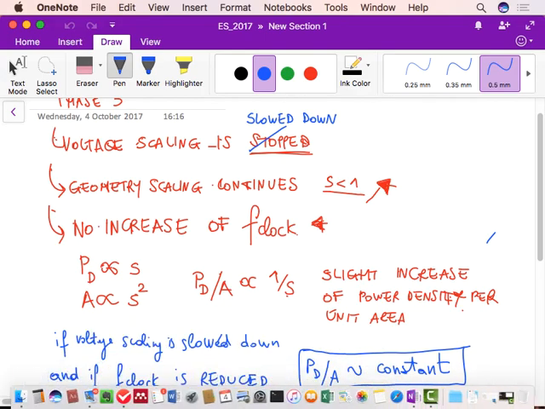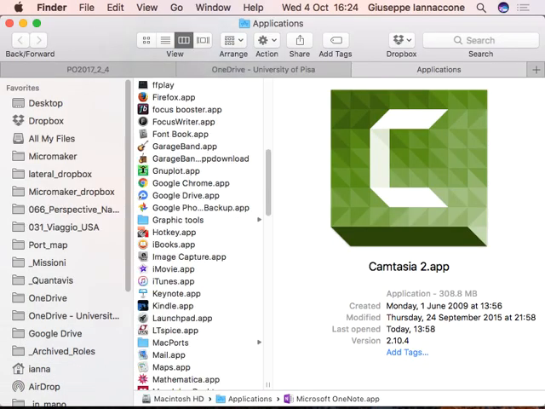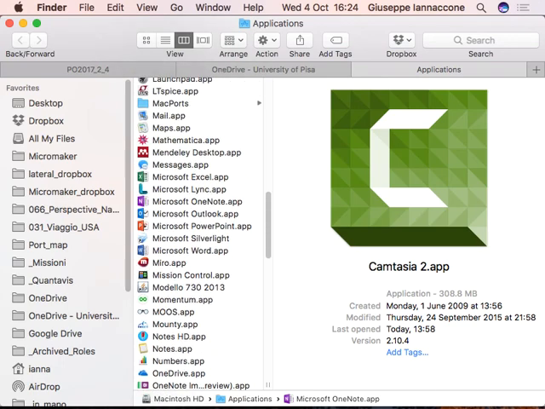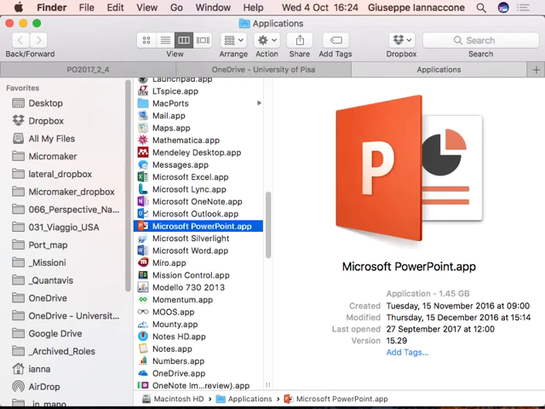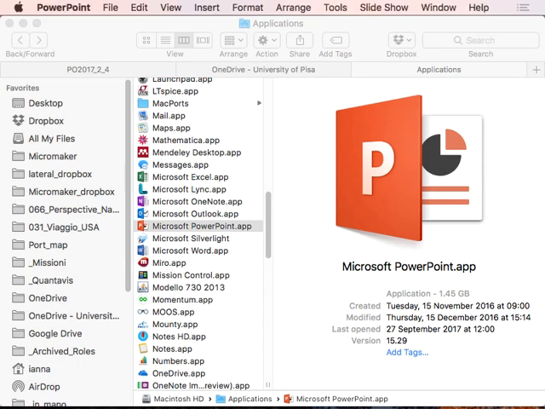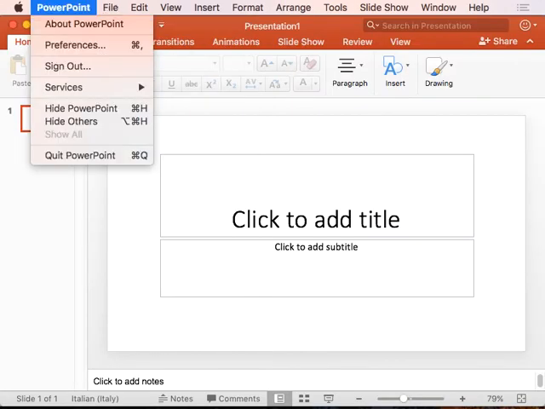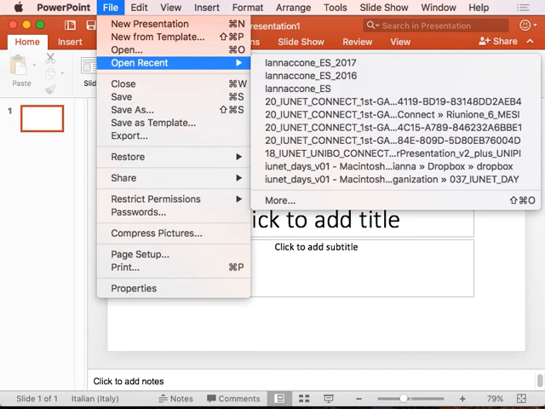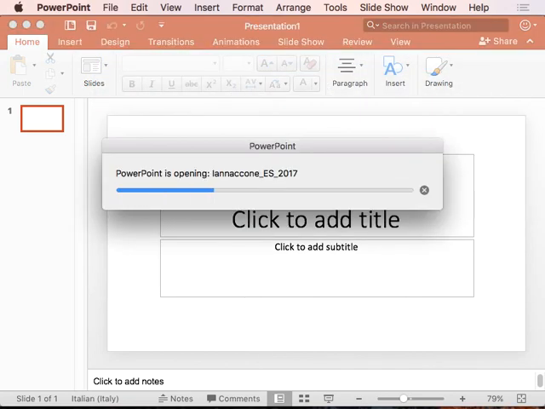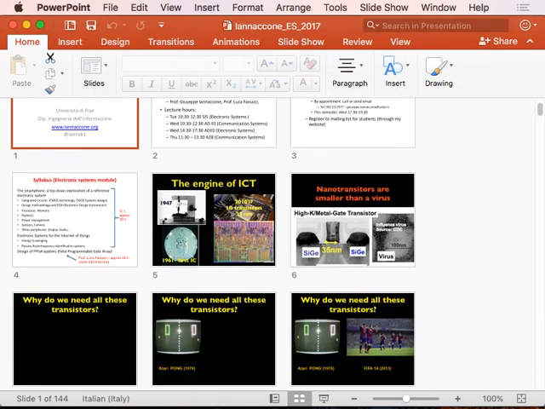I just wanted to show you a historical plot of the situation that tells you what's been happening.